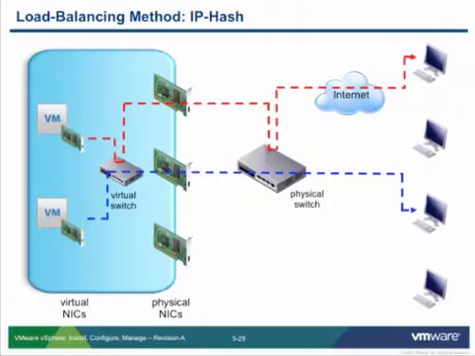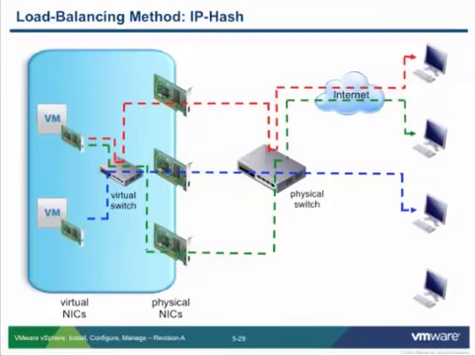Now, what happens if that first virtual machine decides that he wants to send traffic to yet another external guest? So the first VM wants to send some traffic to that second external guest on the right. Which network adapter card do you think we're going to go out? Well, in this case, because there's only 3 physical network adapter cards, we went out the third one.